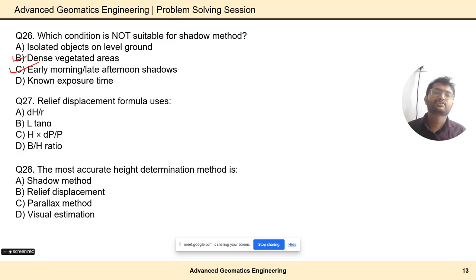Otherwise the shadow length will be too small. Because if we take tan alpha and the angle is very small, tan alpha becomes near zero, so you will not get any height, in mathematical terms. Got my point?